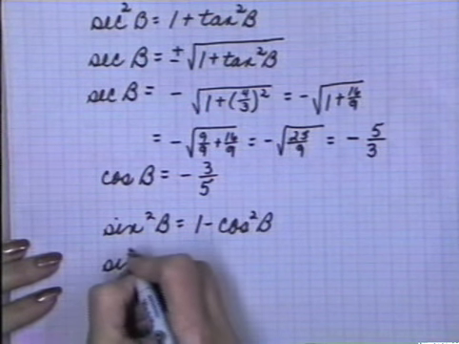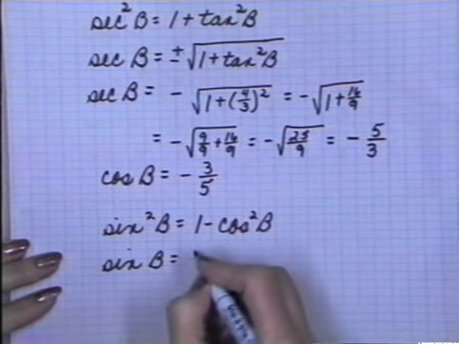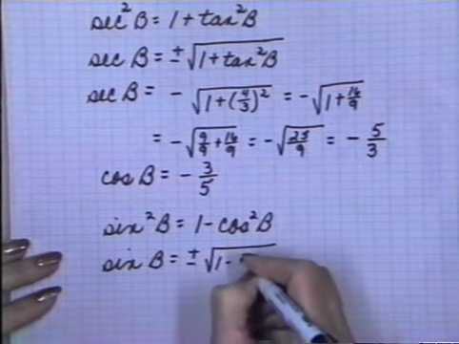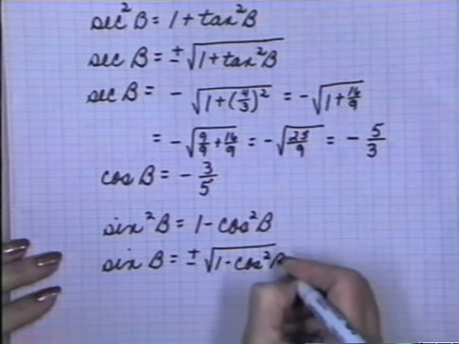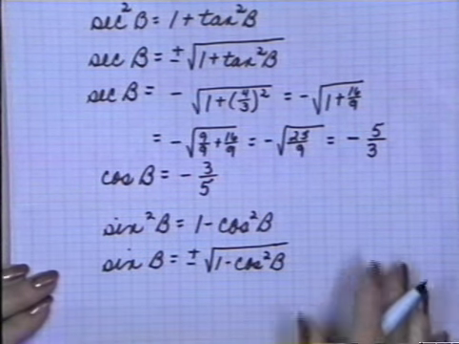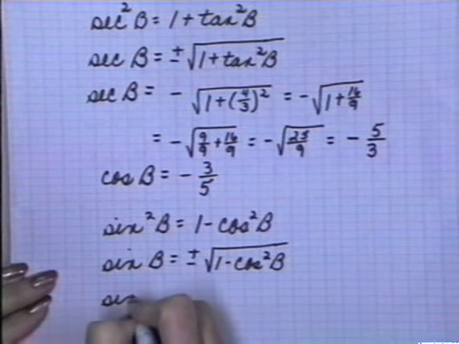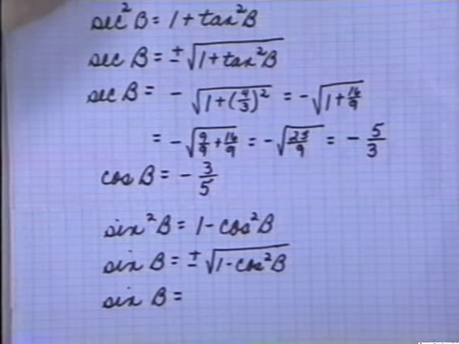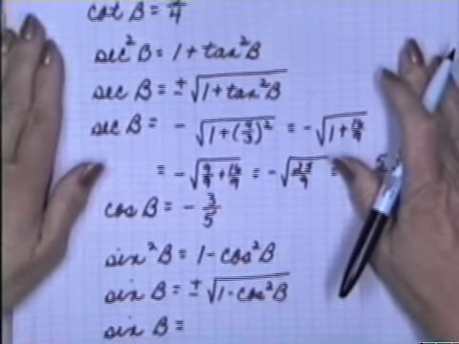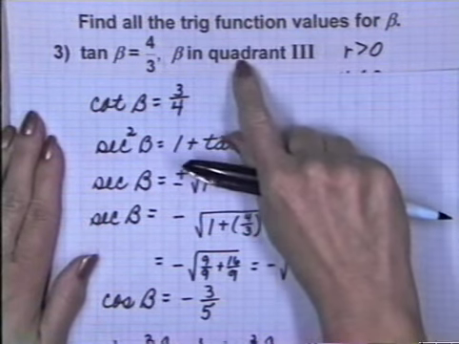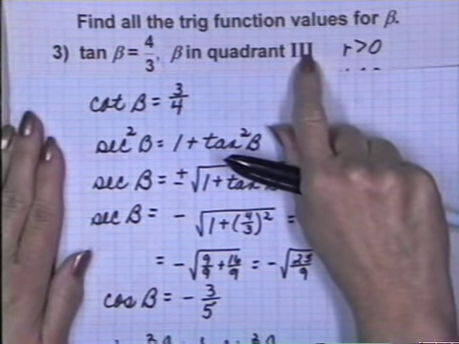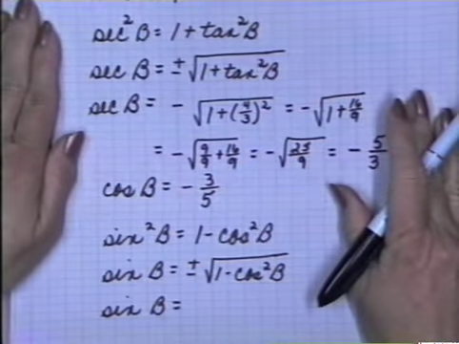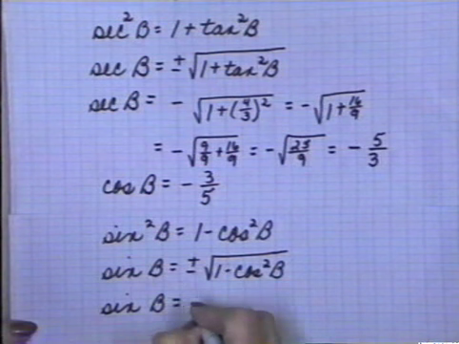And then the sine of beta equals, extracting roots, plus or minus the square root of 1 minus cosine squared beta. Then I will decide whether the sine of beta is positive or negative. Beta is in quadrant 3, and the sine of an angle whose terminal side is in quadrant 3 is negative. So the sine of beta will be negative.